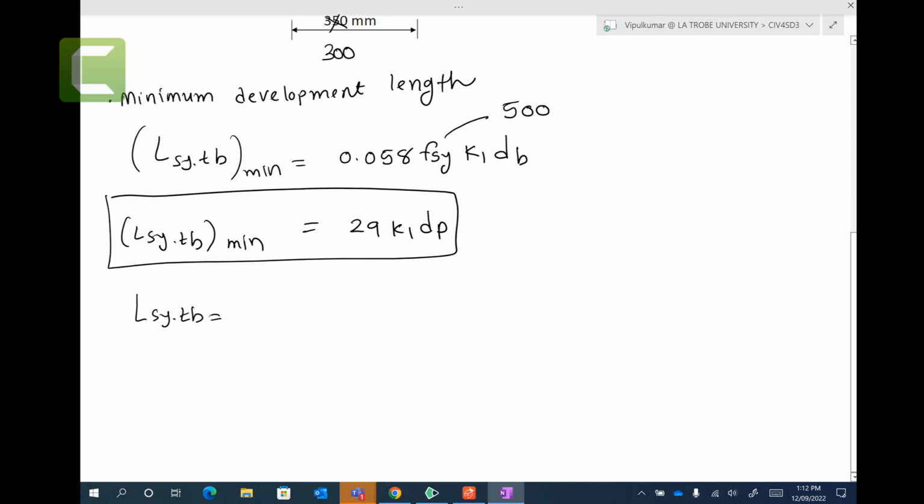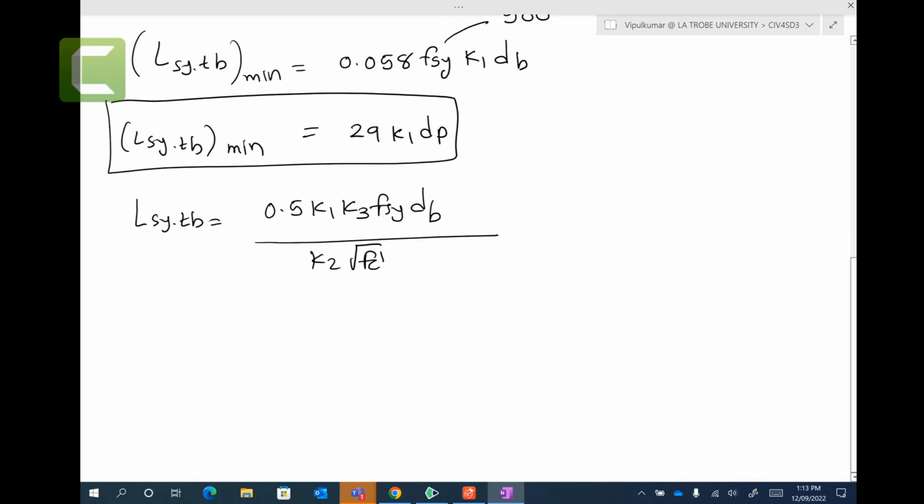Lsy.tb is equal to 0.5 K1 K3 fsy db, db being the bar diameter, over K2 √f'c. Okay, so let's get the factors one by one, K1.